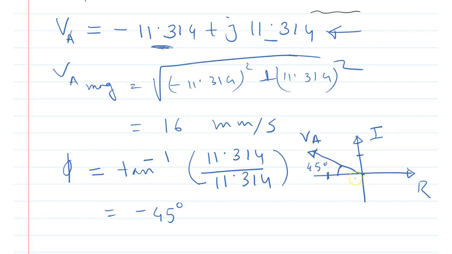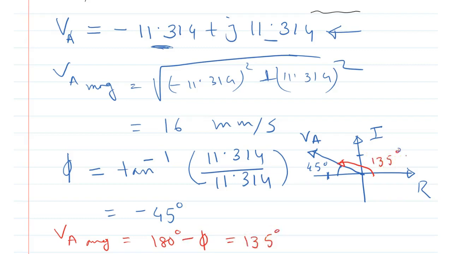According to the definition of a vector, we need to measure the angle at the root of the vector, which is here, with the positive x-axis counterclockwise. That means we need to get this angle, and the angle for VA would be 180 minus phi, which as a result is 135 degrees.